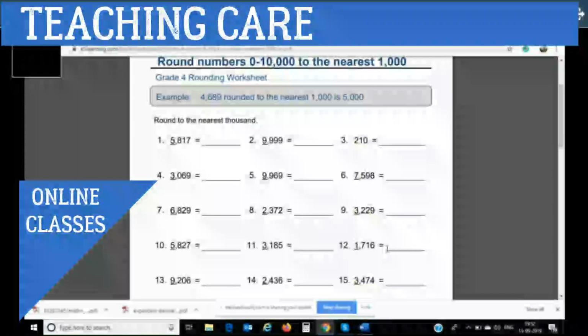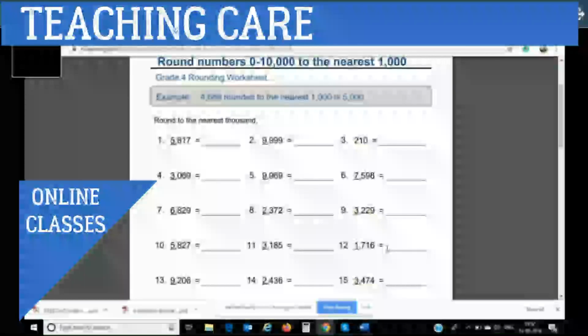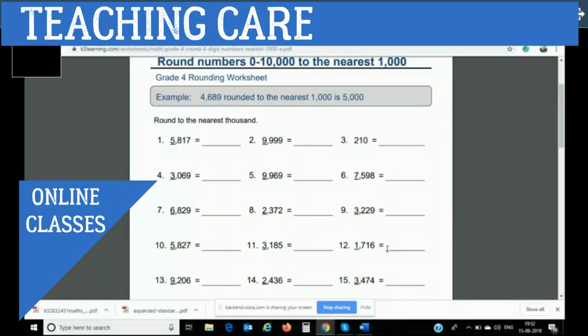The fifth one is 9,000, so the fifth one is 10,000. The sixth one is 8,000. The seventh one is 9,000. The eighth one is 2,000. The ninth one is 3,000.